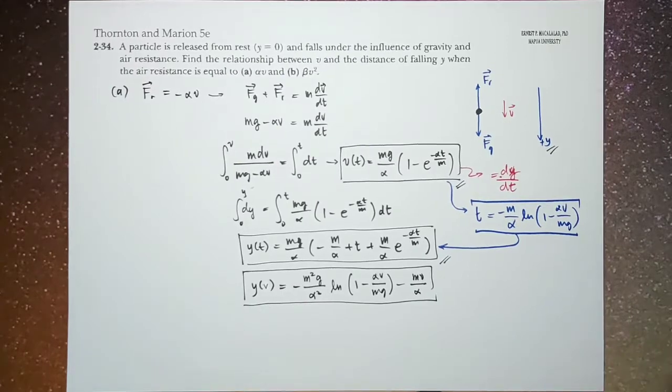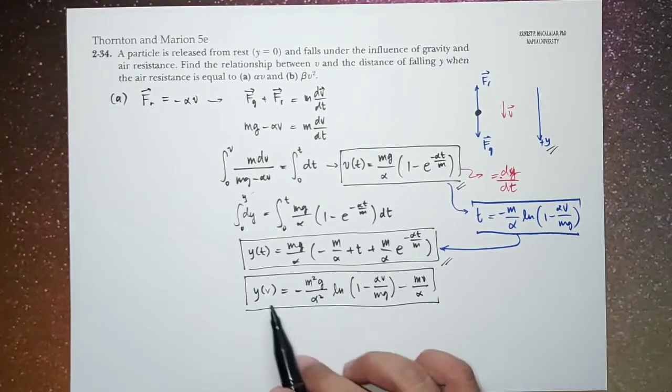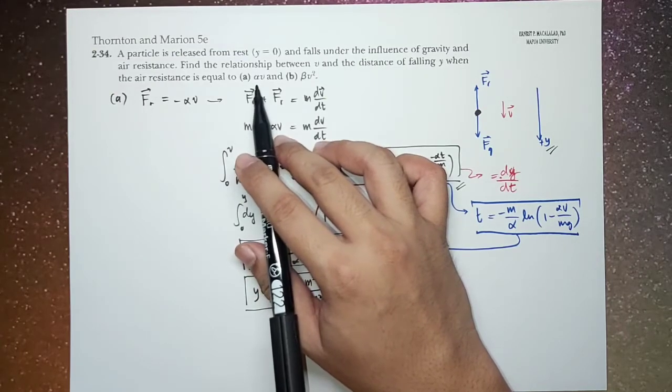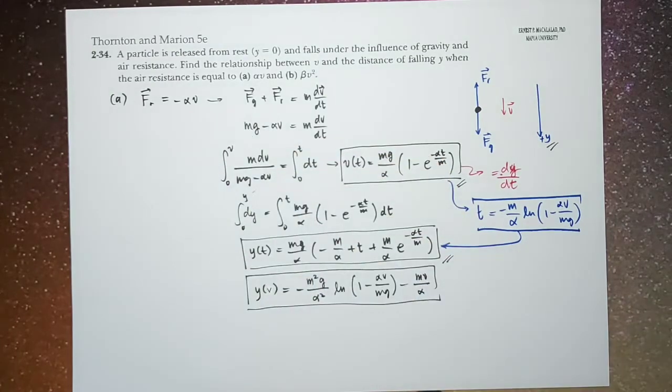This is now the relationship between v and y if the air resistance is a linear function of your velocity.